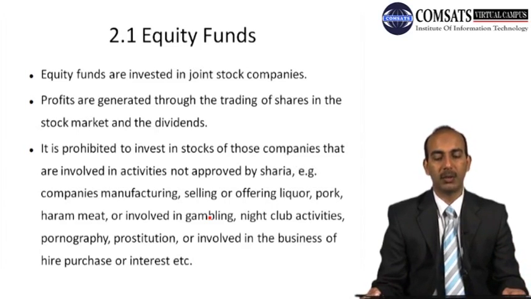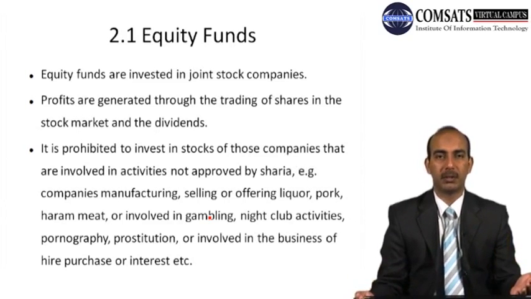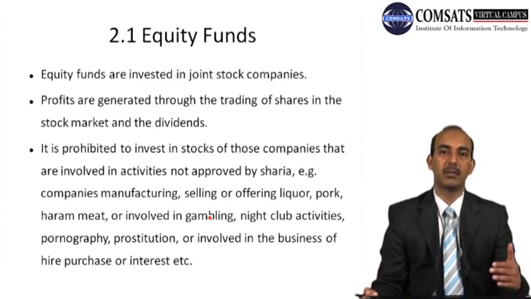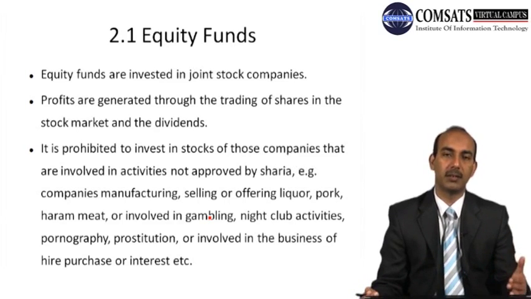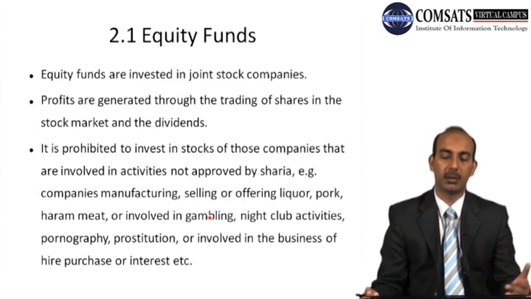And it is prohibited to invest in stocks of those companies that are involved in activities not approved by Sharia. Now come the limitations. We can't invest in all types of companies. The companies which are engaged in activities not allowed by Sharia, we cannot invest our funds into their equities.